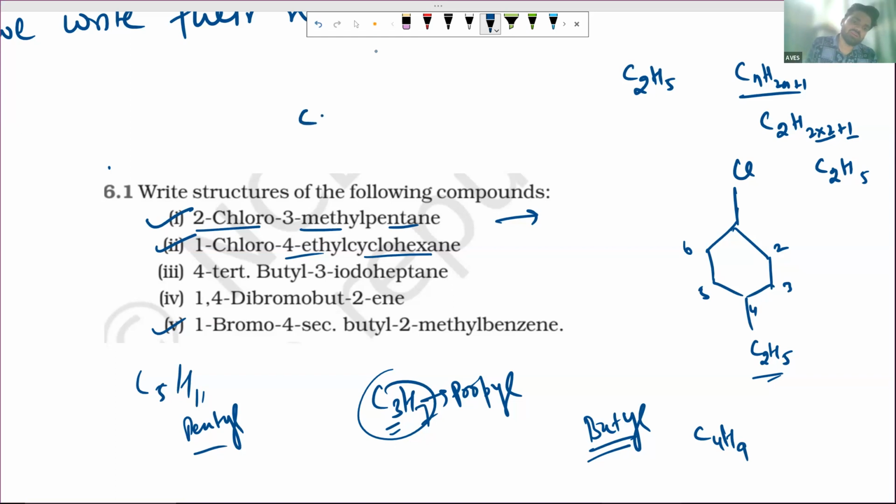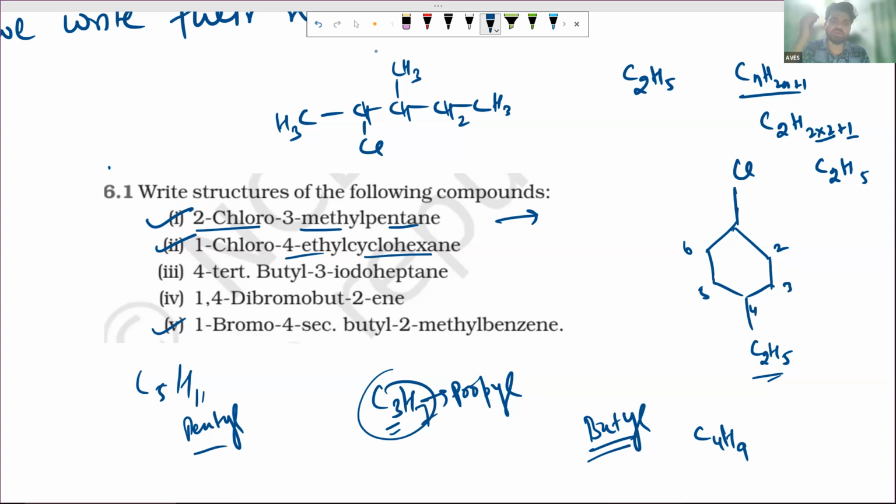Pentane, simple chain, so 5 carbons. At the 2 position we have chloro, and at the 3 position we have methyl. And you can have the number of hydrogens here. If it is bonded with 3, it will have H only. Got it? Yes, sir.